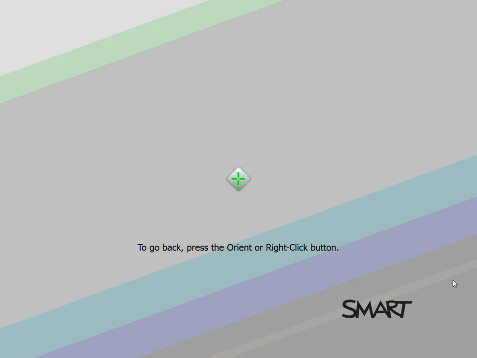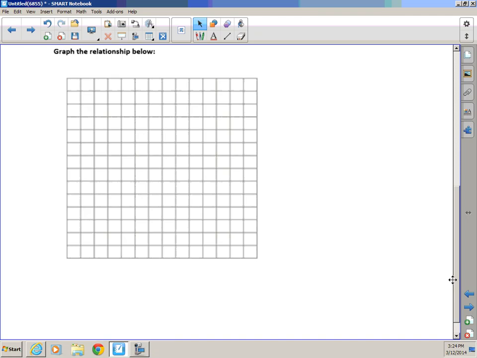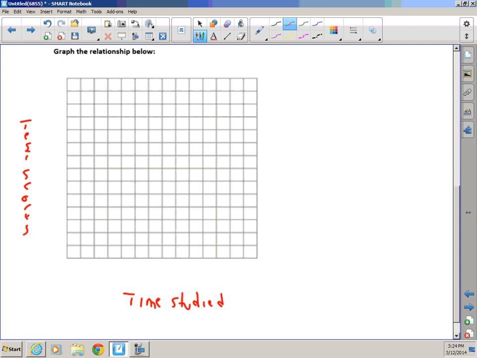So, let me orient this because my orientation gets thrown off pretty easily. Sorry, you have to wait a second. So, my time studied is going to be my x-axis, and my scores are going to be on my y-axis. My time studied goes from 1 to 6, so it's pretty easy for me to just count, okay? 1, 2, 3, 4, 5, 6.